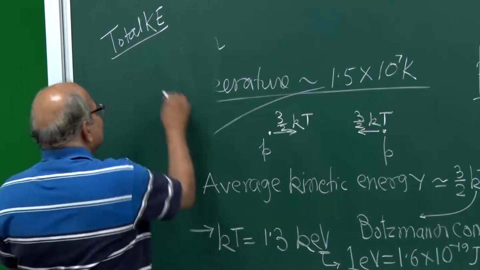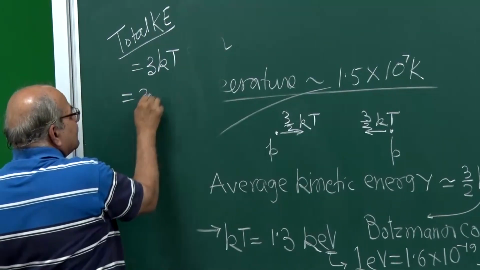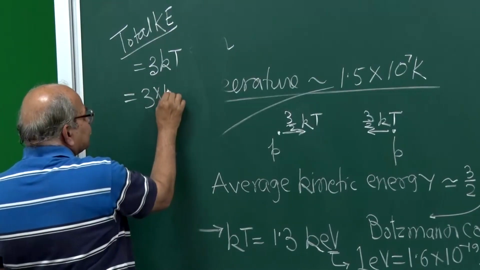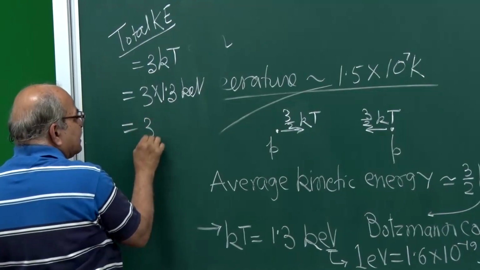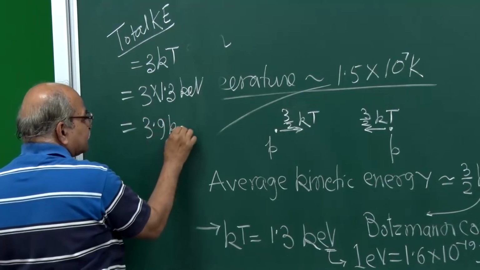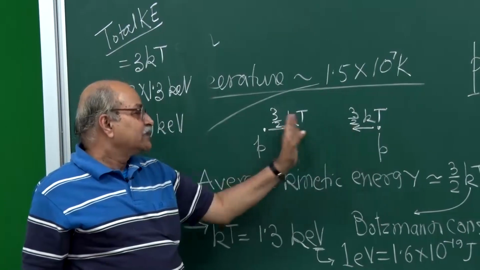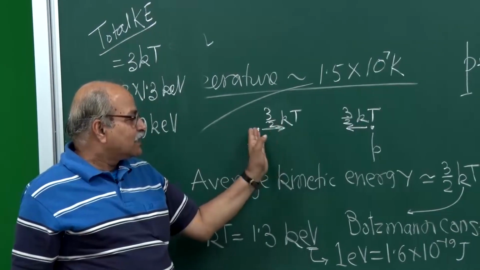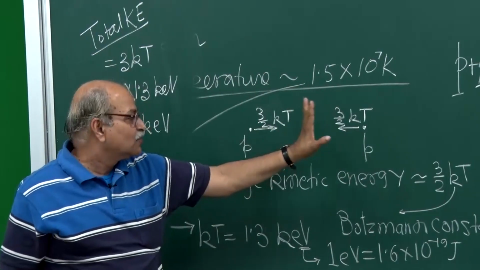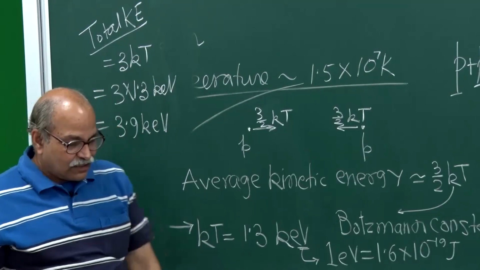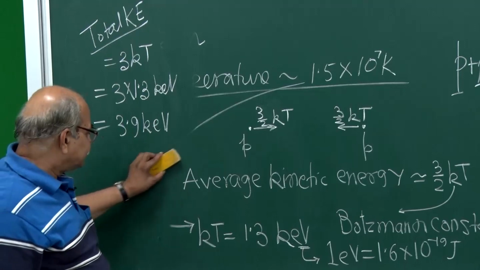This will be 3 times kT, and this is 3 into 1.3 kilo electron volt, which is 3.9 kilo electron volts. Okay, so this is the kinetic energy here. The separation is large, so electrostatic potential energy you can take very small, almost 0. Okay, how do you write electrostatic potential energy?